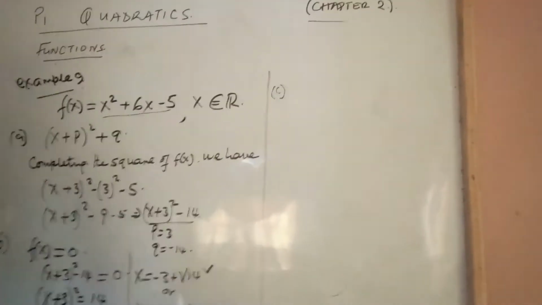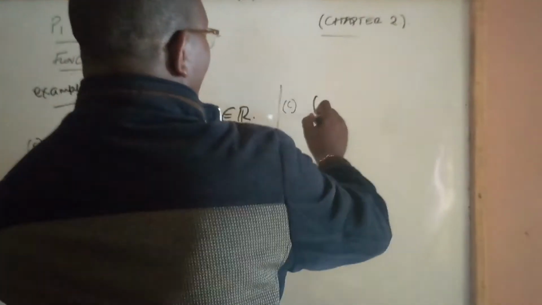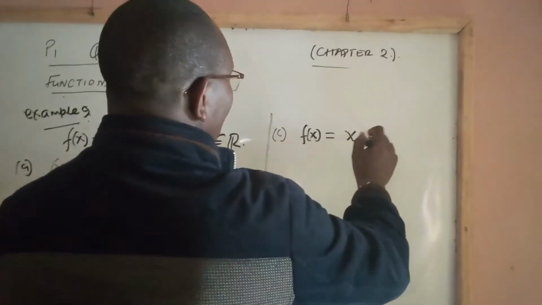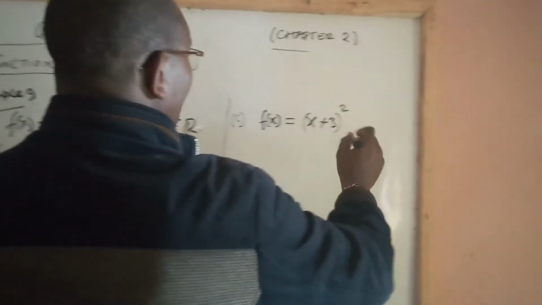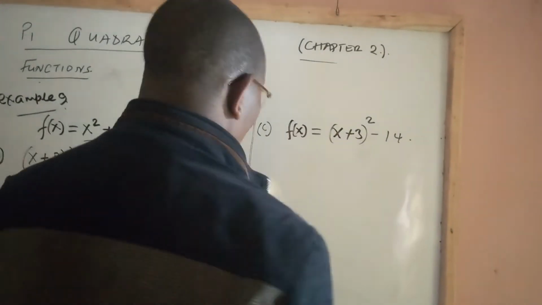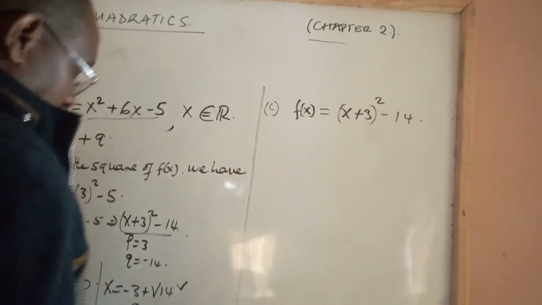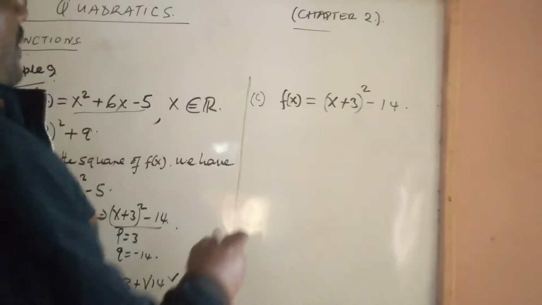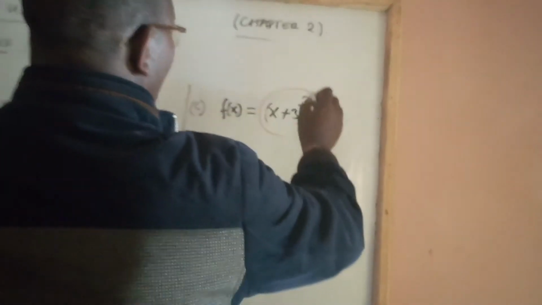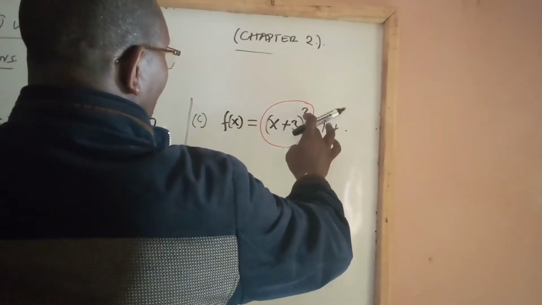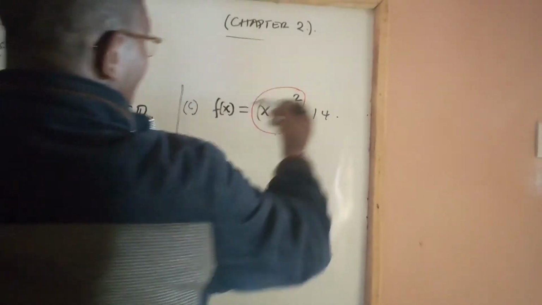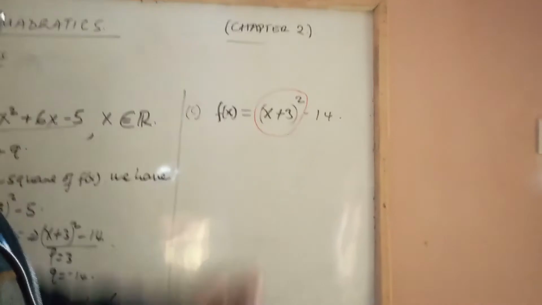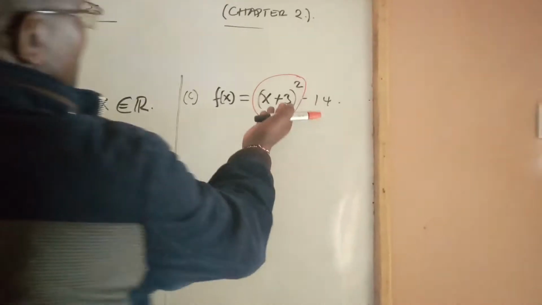And all of us know that f(x) is written in terms of (x plus 3) squared minus 14. That is f(x). I want us to pay special attention to this particular term, because the secret of this question is hidden in this term. We are supposed to give the minimum value of the function f(x), but this term is already squared.